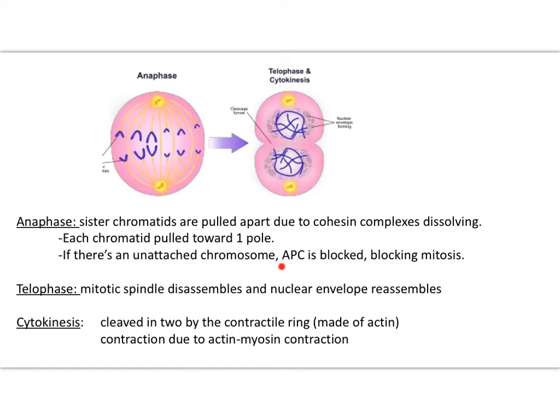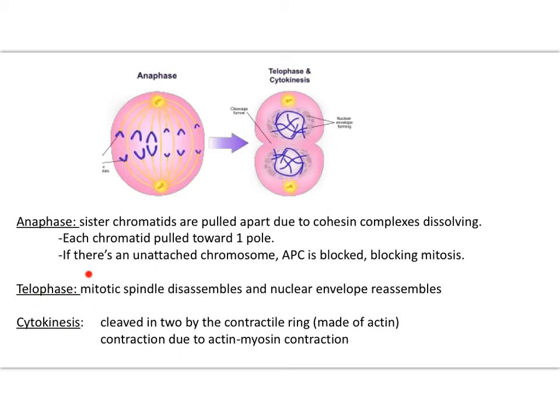One important note for our part of understanding the cell cycle is that if there's a chromosome that's not attached to the microtubule, then the anaphase promoting complex APC is blocked, and this thereby blocks mitosis, and the cell would hang out for some transient amount of time here in M phase and potentially be able to recapture that chromosome. Though it sounds a little bit unlikely, I'm just going to say it.